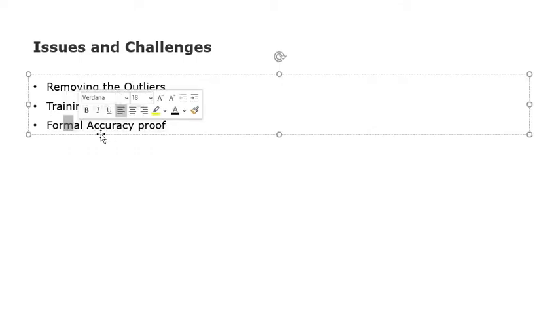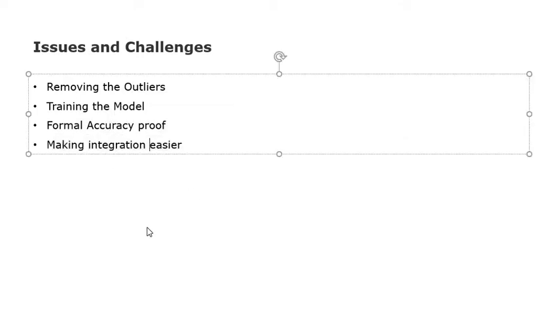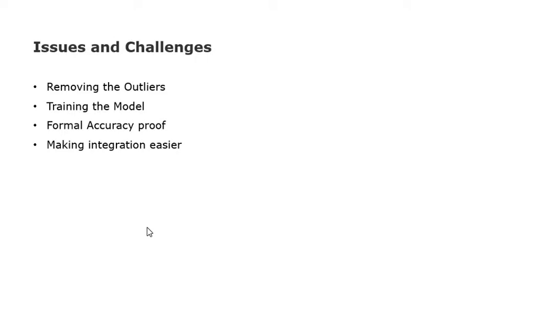We need to provide a formal proof of that accuracy. More than that, we will have to make the integration easier. For existing banks like HDFC Bank and ICICI Bank, we need to make the integration easier by providing web services. We should not ask them to download our code and install it in their environment.